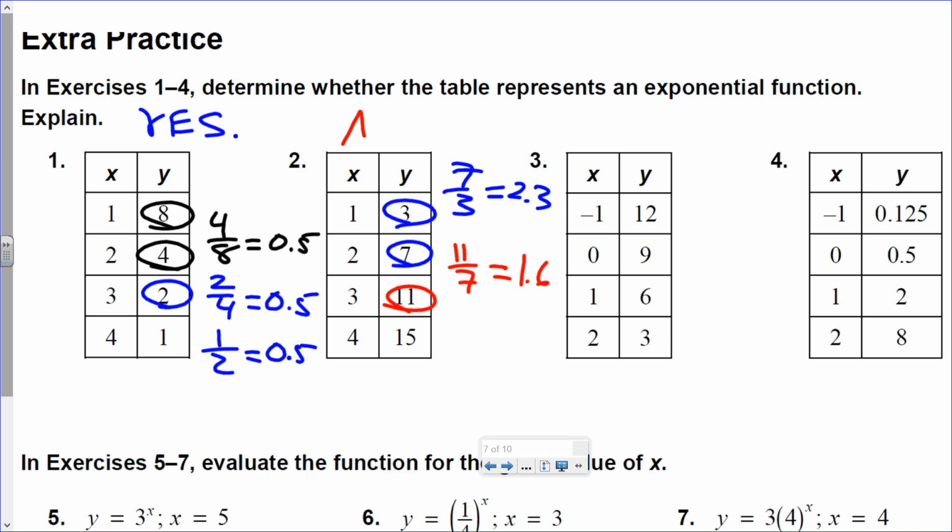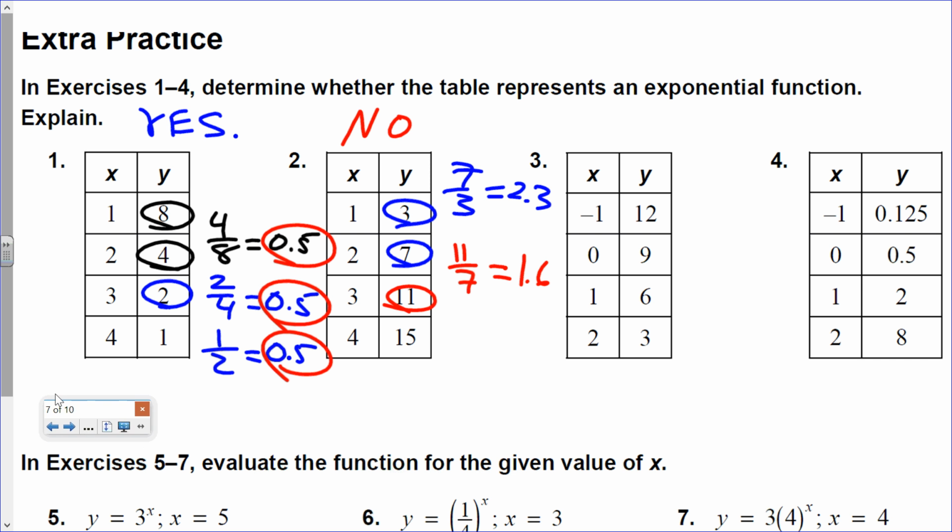No. This is a big fat no. A no burger. Because you have the different ratio. Look, the second to the first ratio was 2.3. The third to the second was 1.6. It's got to be the same ratio like we did in number 1, or like the nautilus. You with me? That's all we're looking for, same ratio.